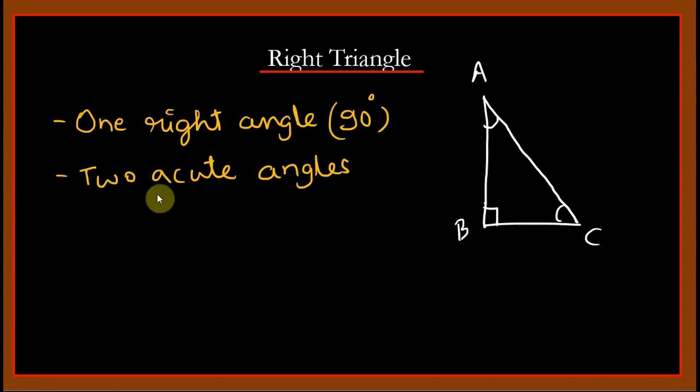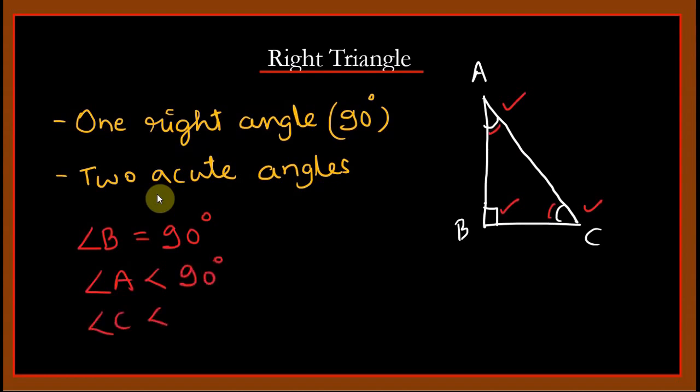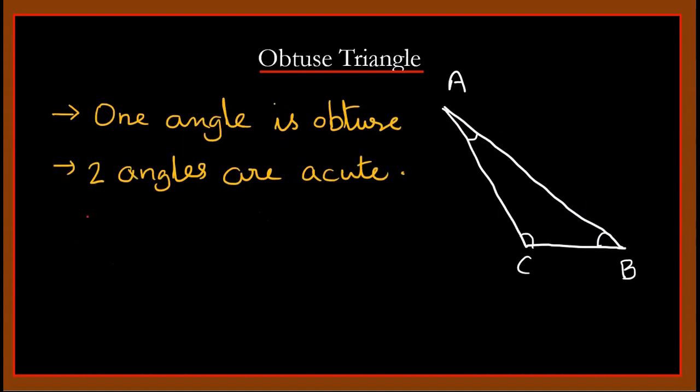In a right triangle, one of the angles is 90 degrees, indicated with a little square, and the remaining two angles are acute angles. So in this example, triangle ABC, angle B is 90 degrees and angle A and angle C are acute.